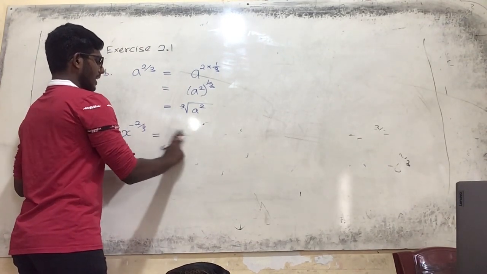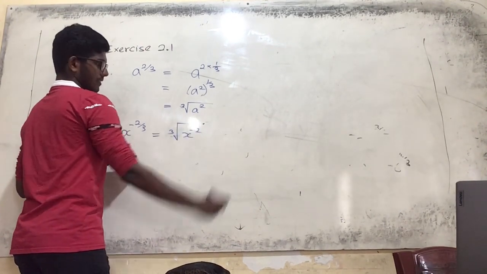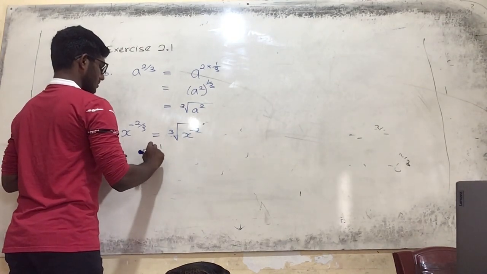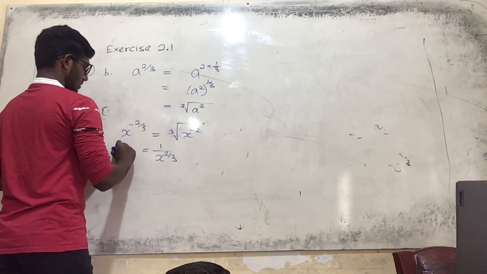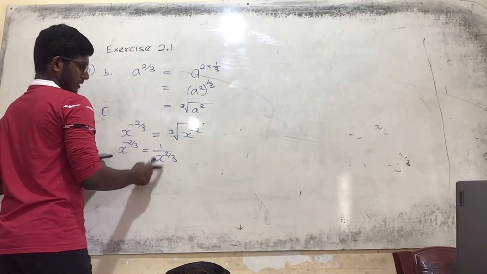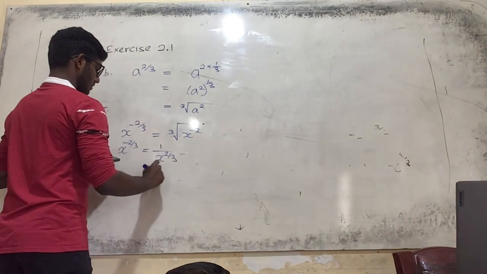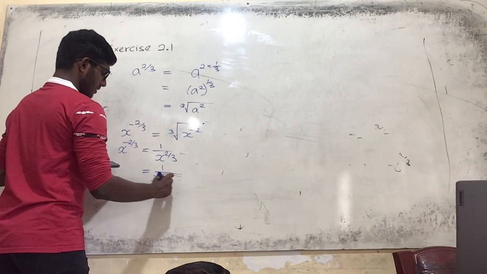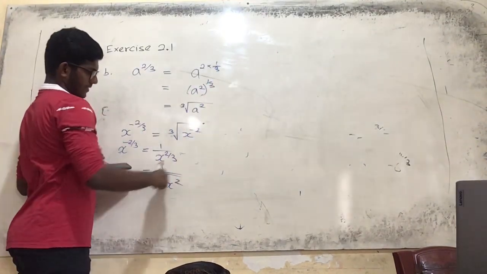You can directly get the answer like this. That is also fine. But it is better if you do it like this. Instead of that method, take this down. Next step, once again the same: denominator here, numerator. If you want additional steps, you have to do it like this.